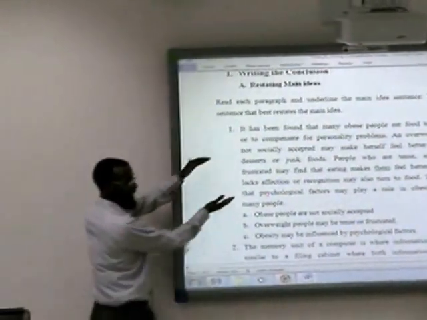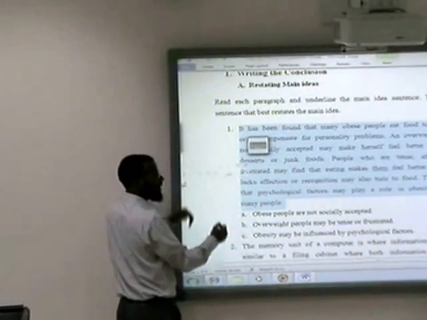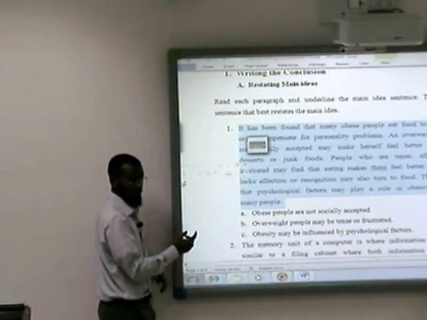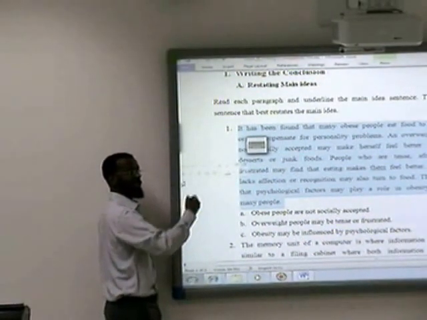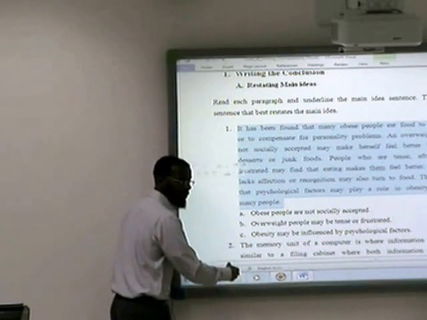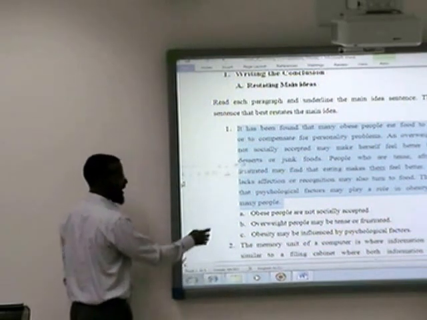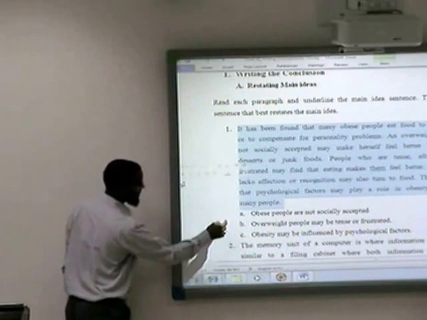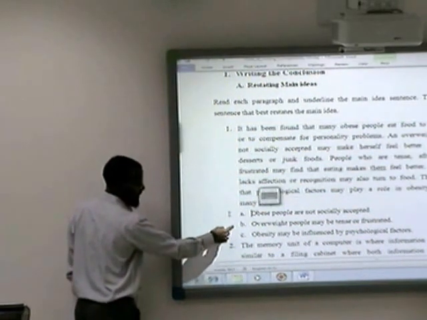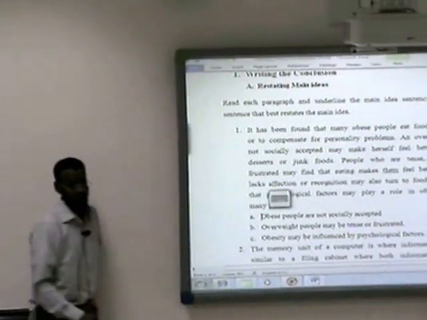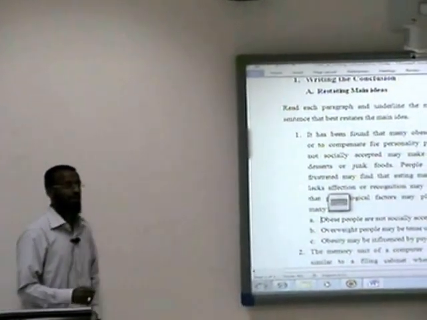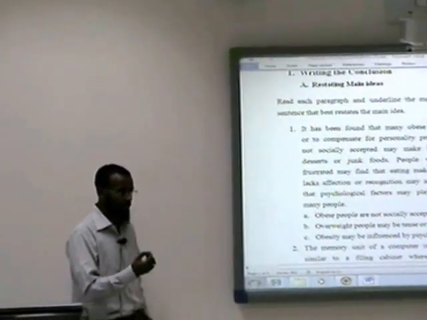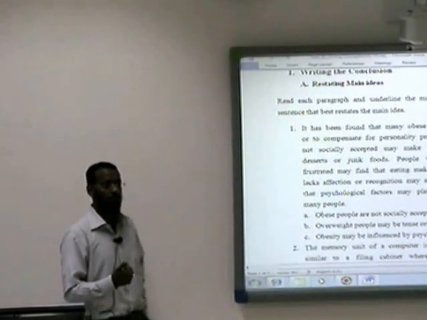Now this main idea is in the body. Later on, I would like to restate it or repeat it where? In the conclusion. So imagine I have these 3 choices, A, B, and C. Which one is the best sentence to put in my conclusion?